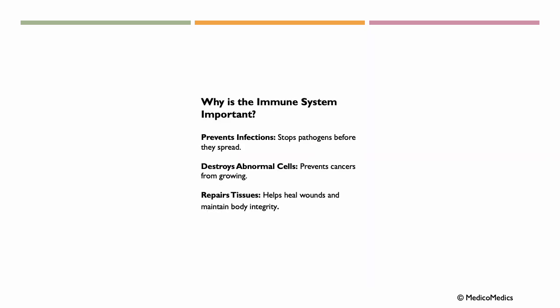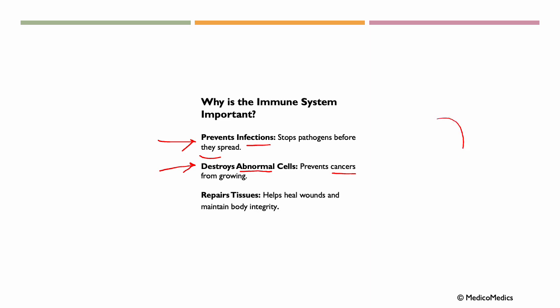So why is the immune system so important? Well, it helps prevent infections. It stops pathogens before they spread. Furthermore, it is involved in destroying abnormal cells, for example, preventing cancers from growing.